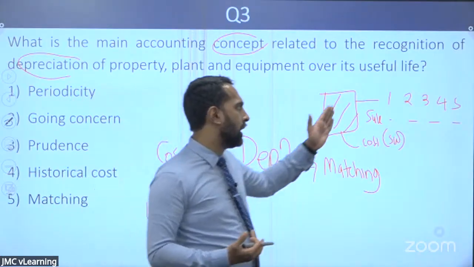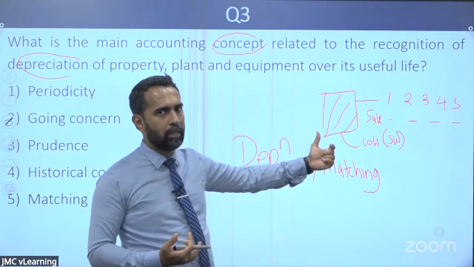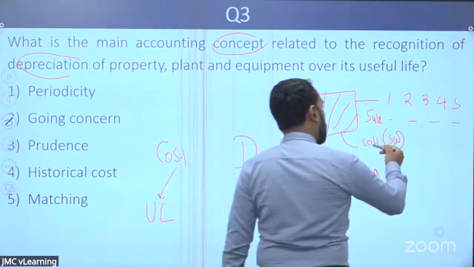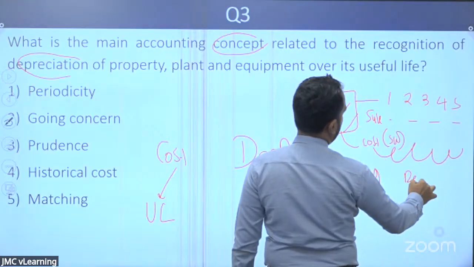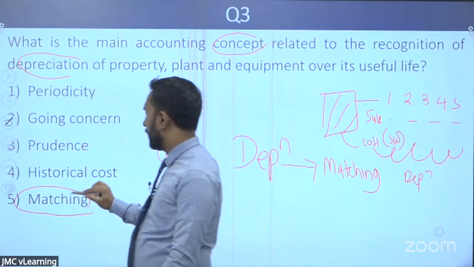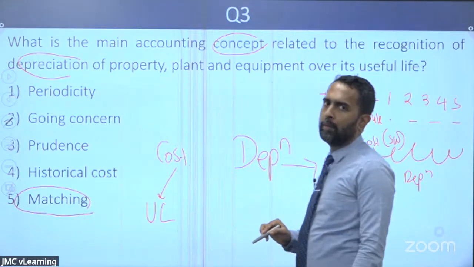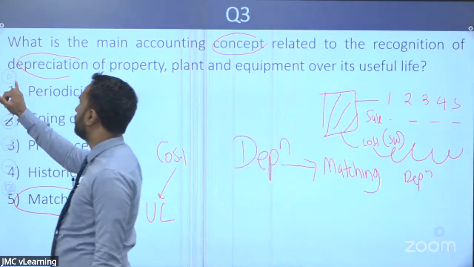You are recognizing income over a period of 5 years, but you cannot allocate the cost to 1 year. So you need to allocate the cost over the useful life as depreciation. So I would say the correct answer would be the matching concept. Okay, right. Let's look at the next one.